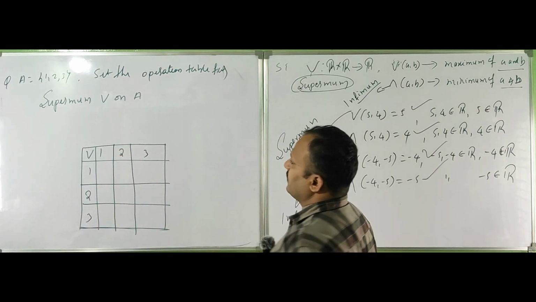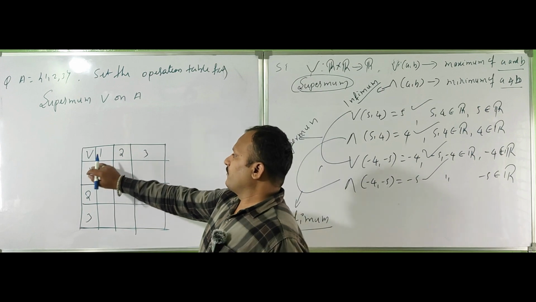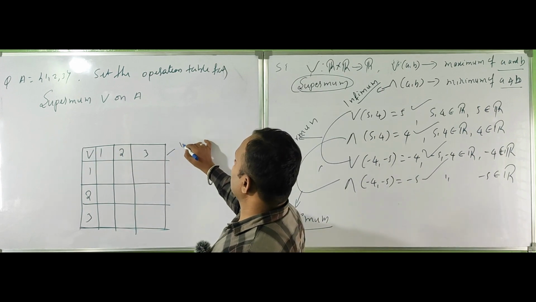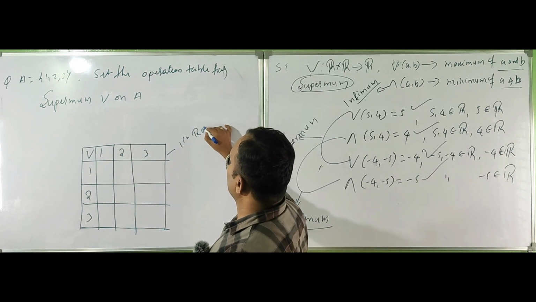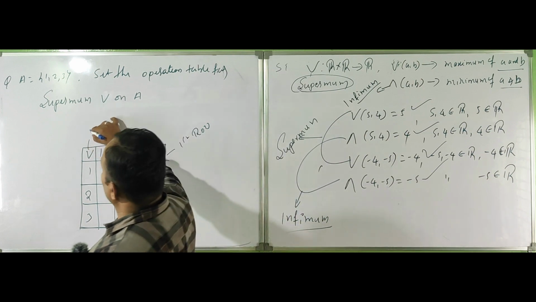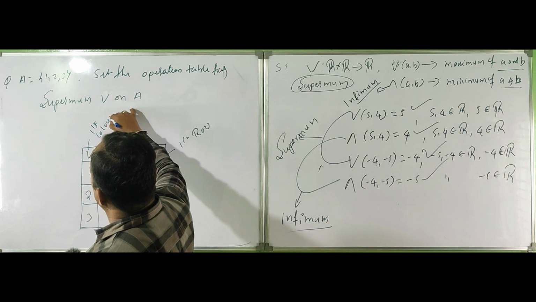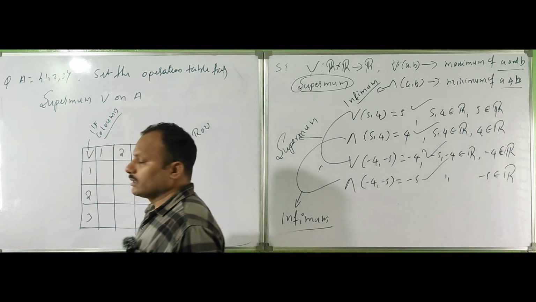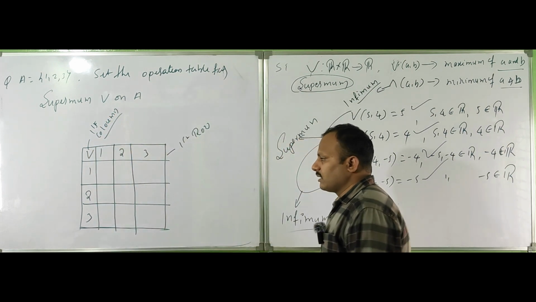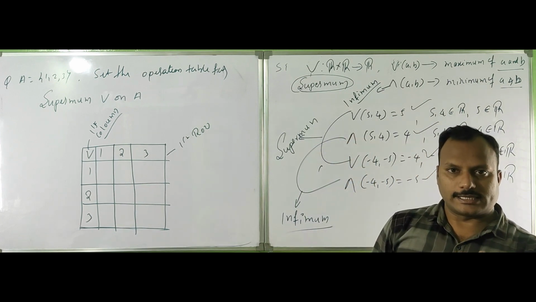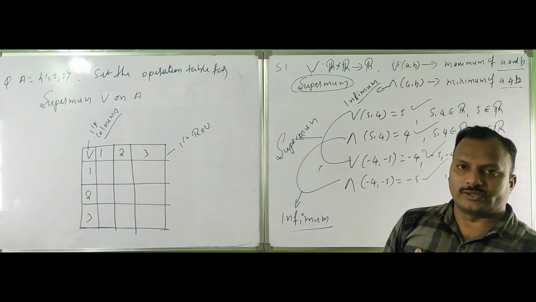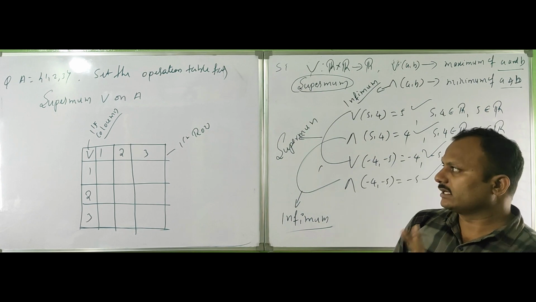These are the entries. This is the first row, and this is the first column. The first row and first column are the entries of the set A, the same entries, since there is only a single set.